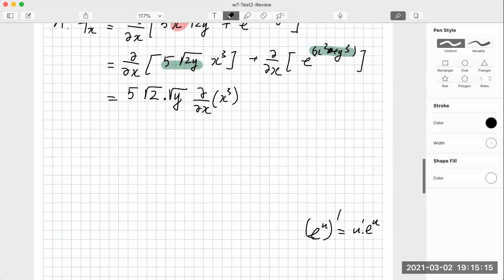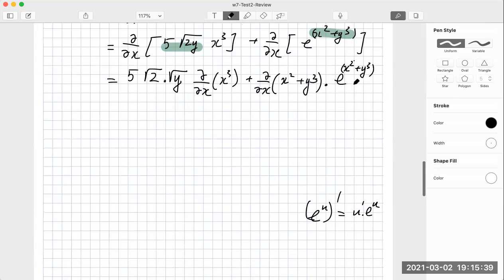U in our case will be x squared plus y cubed. Therefore, it is the partial derivative with respect to x of this guy times e to the x squared plus y cubed. Okay, nothing hard.